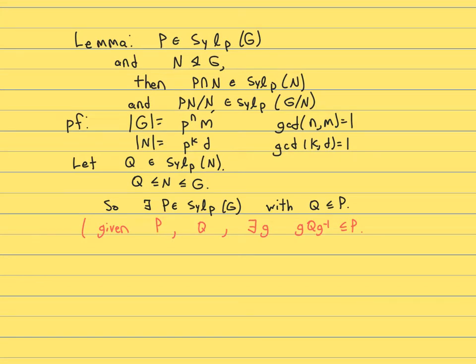Since Sylow p-subgroups exist, and the conjugate of a Sylow p-subgroup is a Sylow p-subgroup, just redefine P to be this conjugate. We move this over, and then we just redefine P to be this new one. And congratulations, you have a Sylow p-subgroup containing Q.